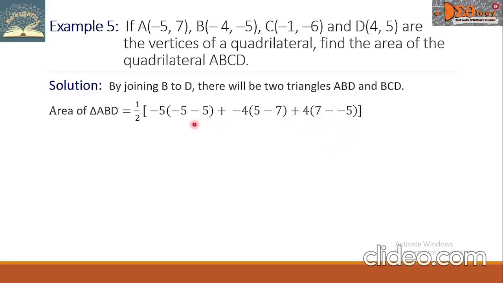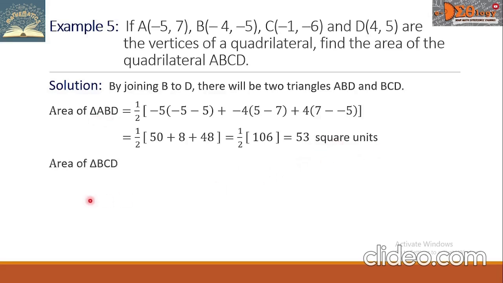We simplify further. -5 minus 5 is -10, times -5, that will be positive 50. 5 minus 7 is -2, times -4, that is now positive 8. 7 minus -5, that becomes positive 12, times 4 is now 48. 50 plus 8 plus 48 is 106, and half of 106 is 53. Therefore, the area of triangle ABD is 53 square units.